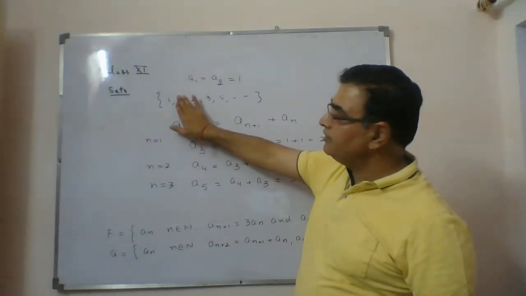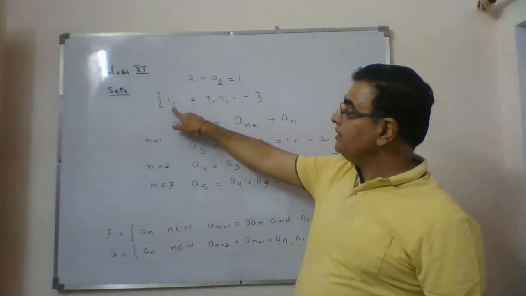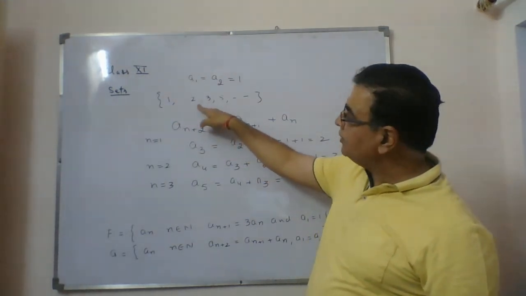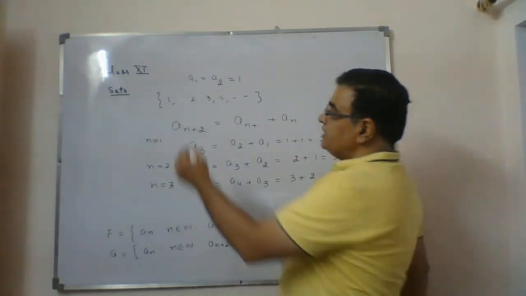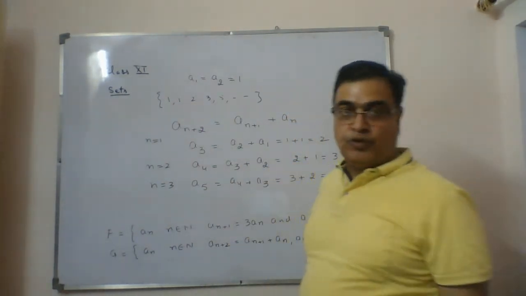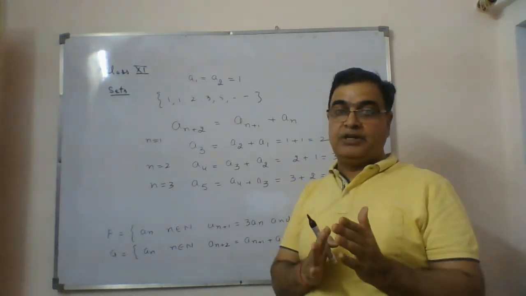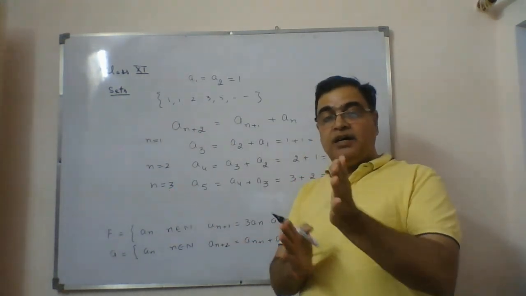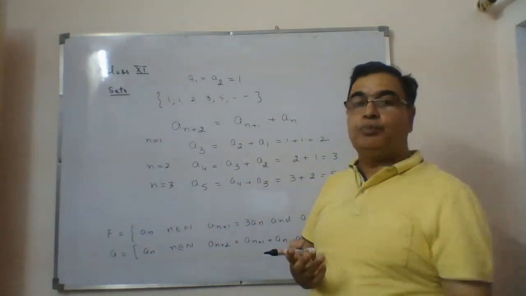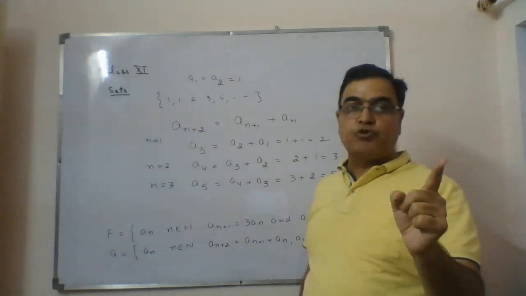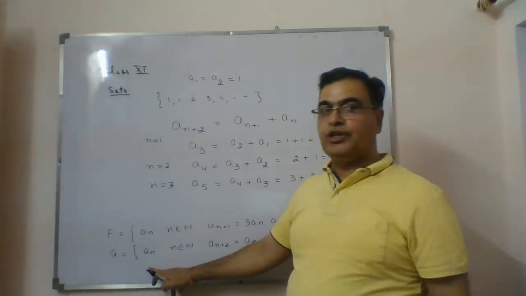If you don't write it because the same number is coming, then this will be a1 and this is a2, but a2 is not here, a2 is 1, and a3 is coming 2. So that's why we should write 1 once more. So this is a special case in which we repeat a certain element. Earlier I told you that if the numbers or the letters are identical, don't repeat them. But here we have to repeat because this is the concern of the nth term. So you should keep that in mind.